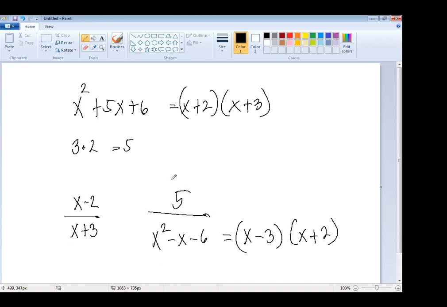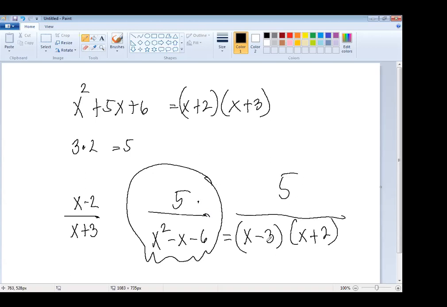But here we cannot simplify because the numerator is only 5. So therefore, you can just leave your answer this way, or you can write it as 5 over x minus 3 and x plus 2, because that is still the same answer, okay?